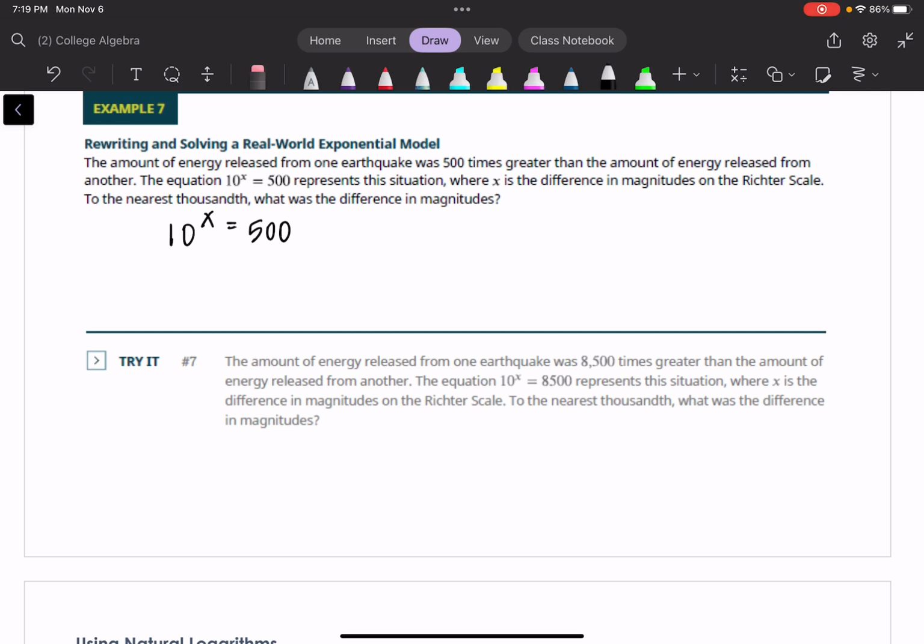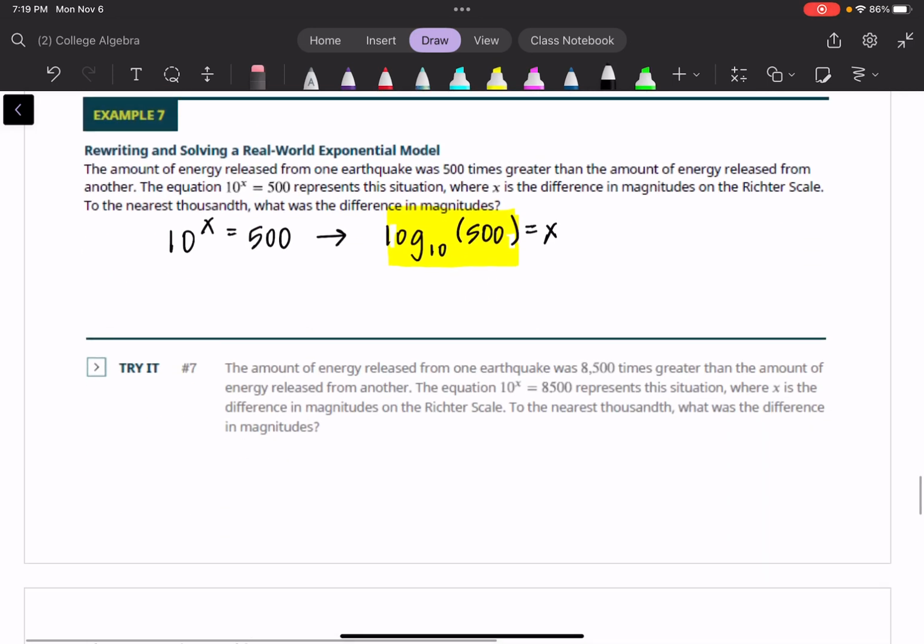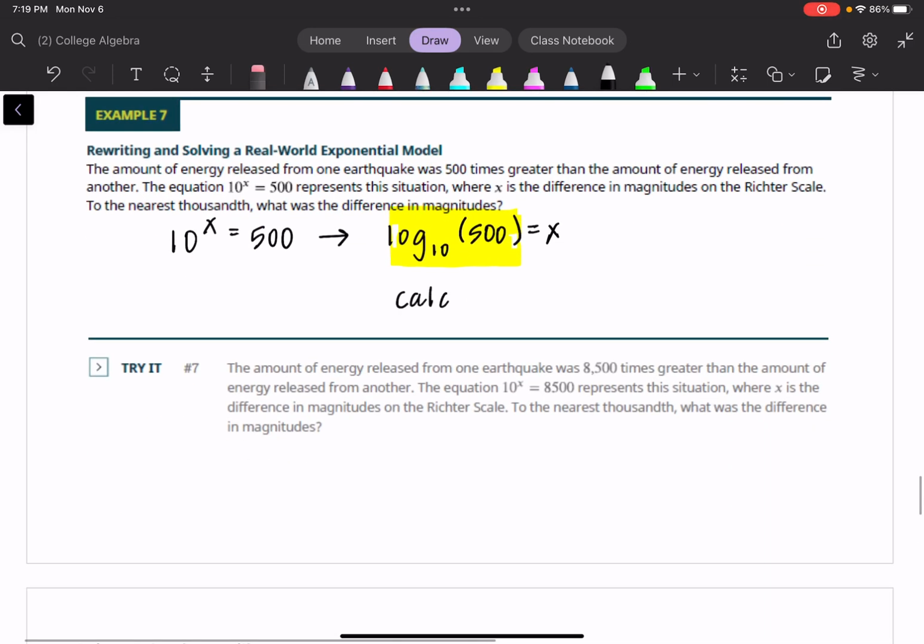But what we can do is convert this into logarithmic form. So that's the log base 10 of 500 equals x. And this is something that we can place in our calculator because we do have a common logarithm button. And so let's do that, and we will actually find from the calculator that x is approximately 2.699.